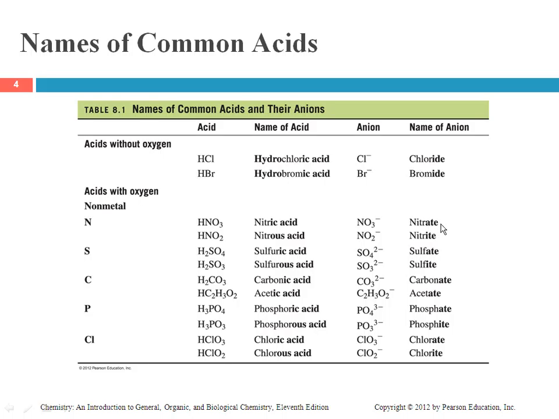So if it's ATE, then we add ic acid to the end, and if it's ITE, then we add OUS acid. So this one here would be nitrous acid, and the top one, HNO3, would be nitric acid. So very small details, but they change which acid you are referring to.